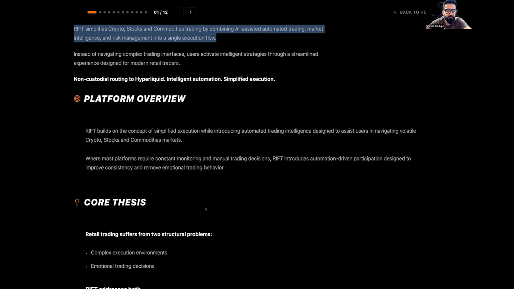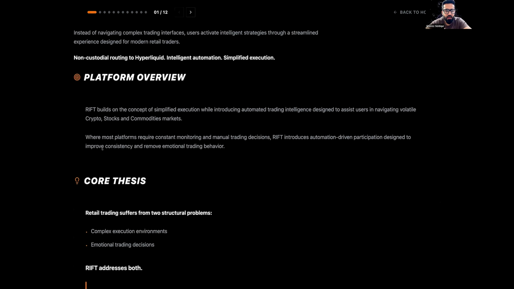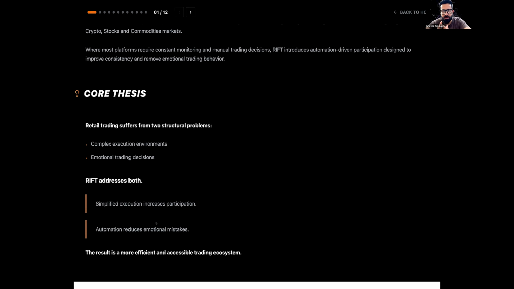This is the platform overview and how the platform is built. The core thesis of the product is focused on retail trading, which suffers from two structural problems: complex execution environments and emotional trading decisions. And what we do is we address both problems.